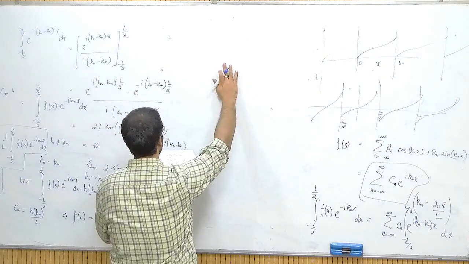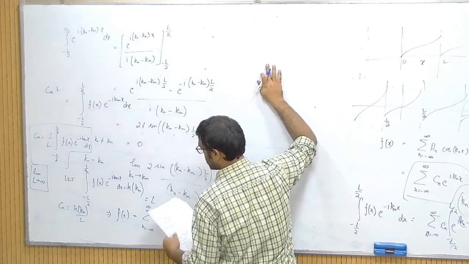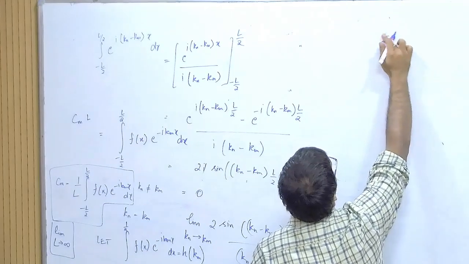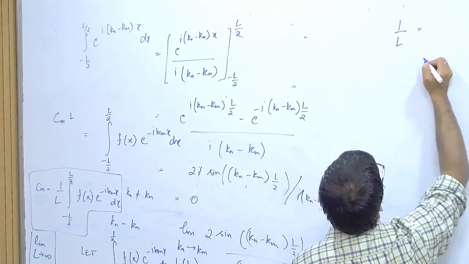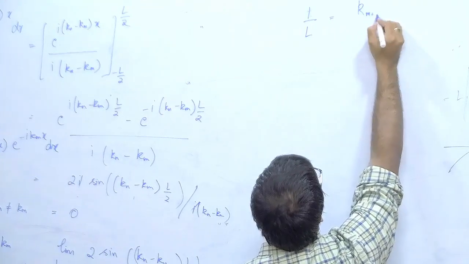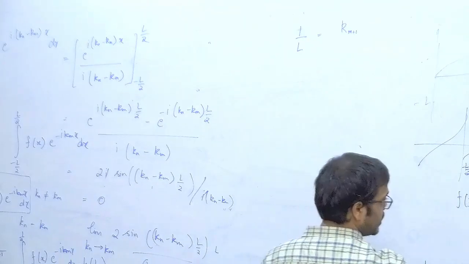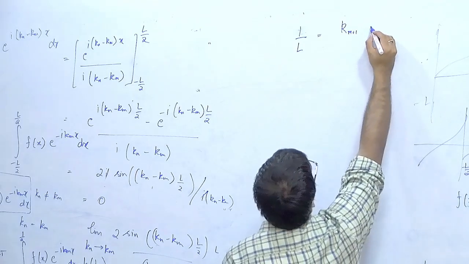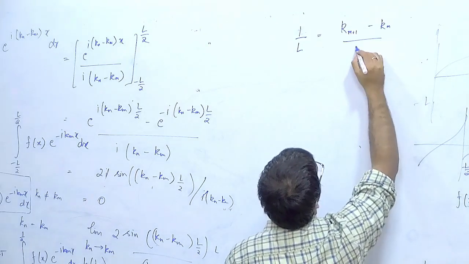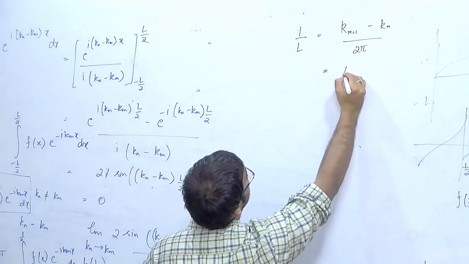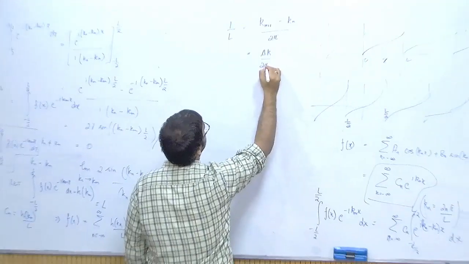So, here what I am going to write is f of x, the sum from minus infinity to infinity, and I am going to write this 1 by L as k_{m+1}, which is (m+1) 2 pi by L, minus k_m, over 2 pi, or delta k over 2 pi.